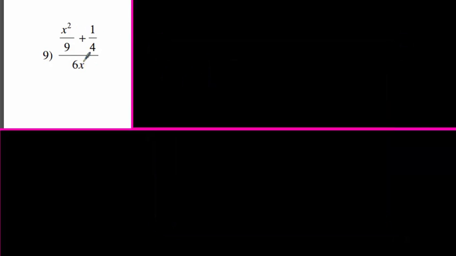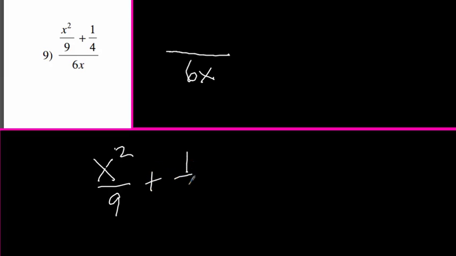All right, so now I have a problem where the bottom we can leave alone because it doesn't have an additional fraction. But I do have to somehow get a common denominator here. I have to be able to add or subtract those together. So I'm just waiting on the bottom for now, and we're going to deal with just the numerator. So what is x squared over 9 plus 1 over 4?